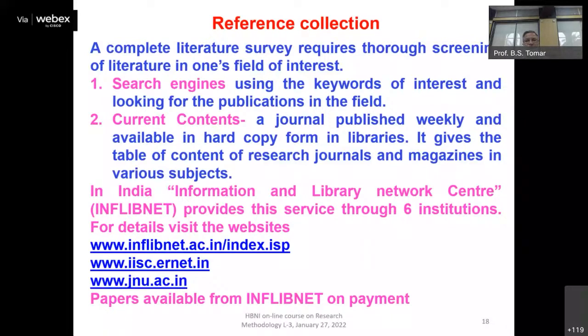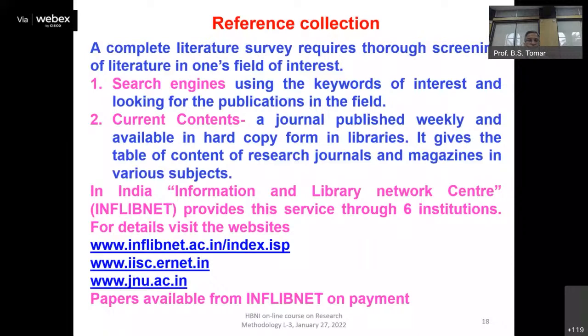We also have in India a network called Information and Library Network Centre, INFLIBNET, which provides this service through 6 institutions. You can access this network of information through www.inflibnet.ac.in.